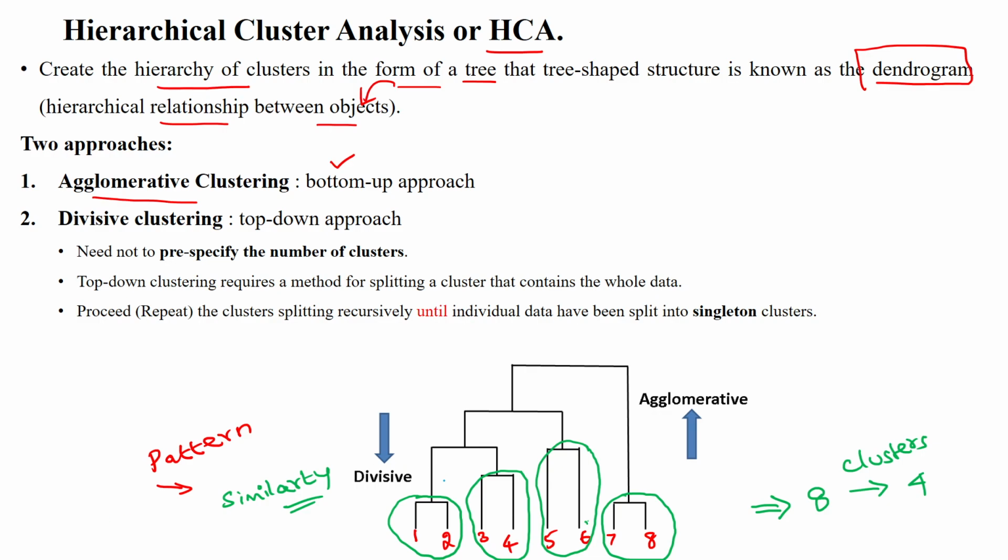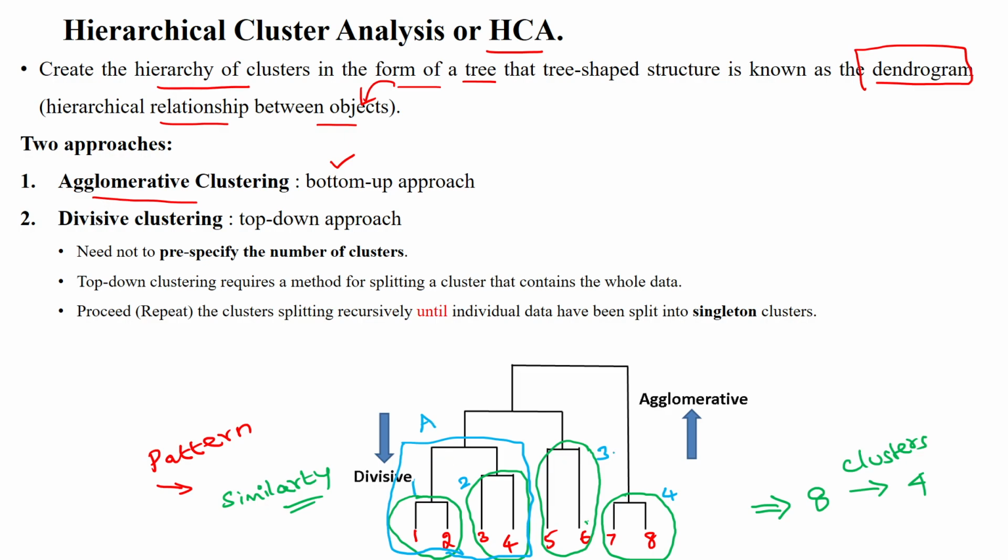After grouping these small clusters, four clusters, again it is repeating the process. This is group 1, group 2, group 3, group 4. So first group and second group are having similar patterns. So now this is clustered into a single group. You assume this is cluster A.